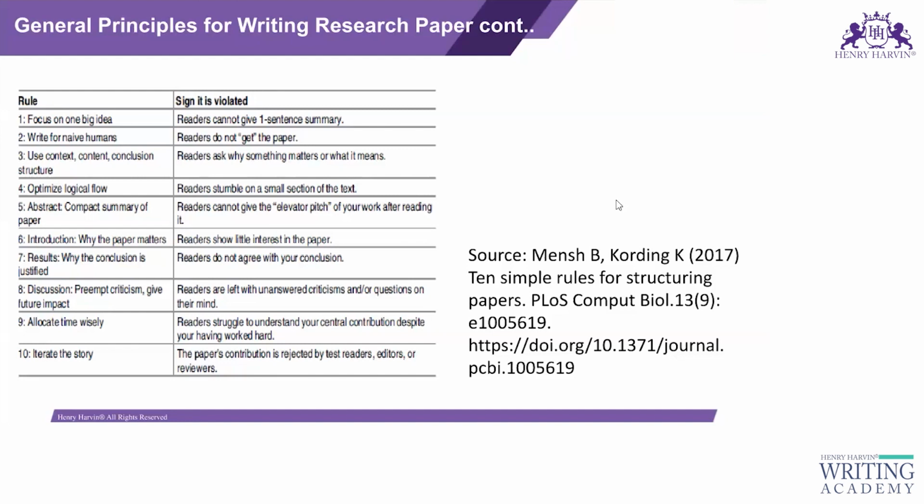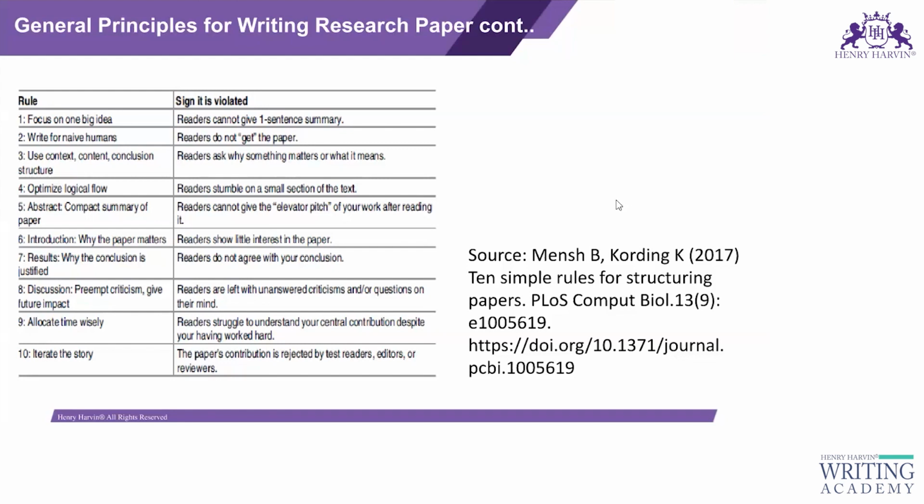They will always have questions: what does this mean, and why is this information included in the article? Then the fourth is to optimize logical flow. If there is no logical or linear flow of content, the readers will stumble on a small section of the text and will not be able to understand it properly.